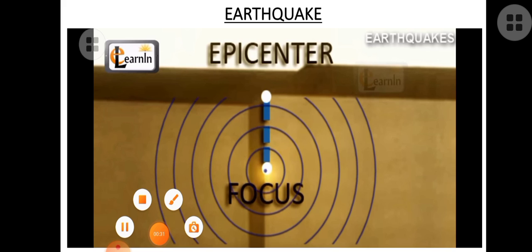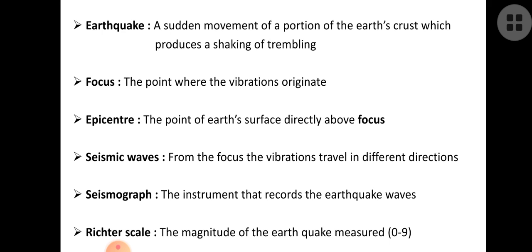If it is a strong earthquake, even people living 1000 kilometers away can sense the trembling. These waves are called seismic waves. The waves which we human beings experience when an earthquake happens are called seismic waves. Understood? So three things we studied: what is an earthquake, what is focus, what is epicenter, and what are seismic waves.